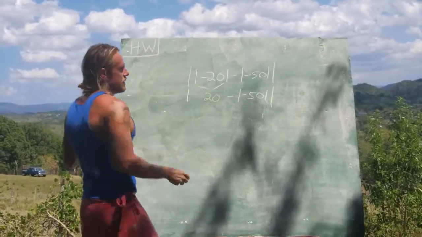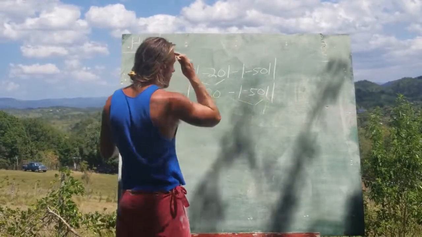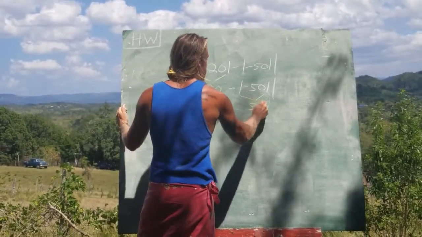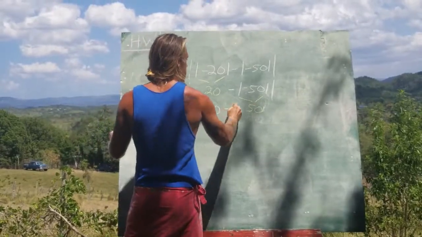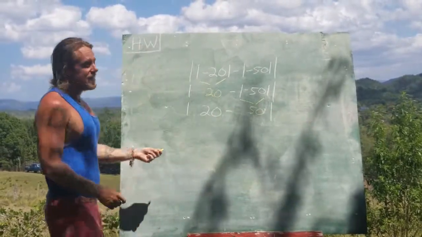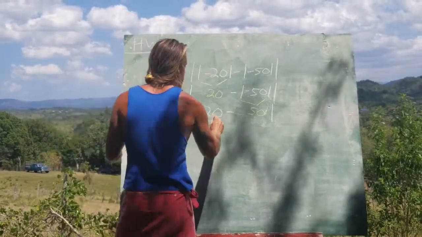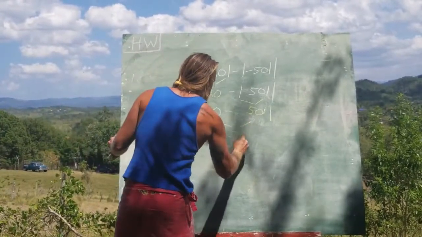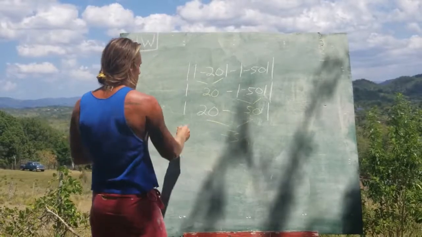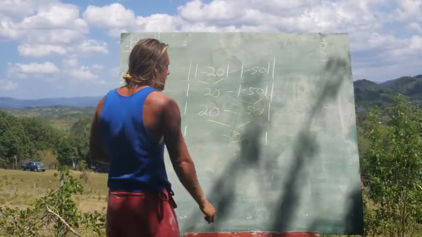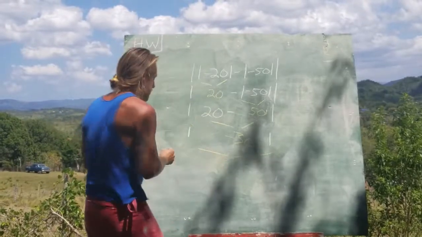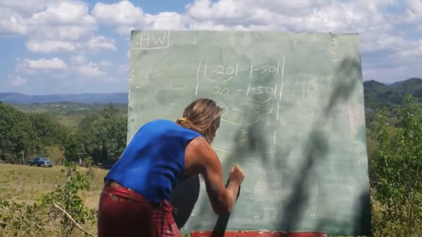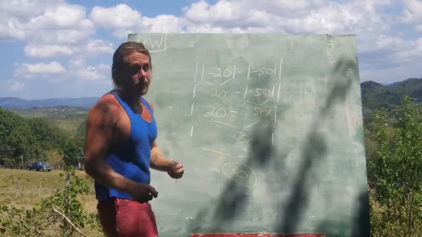Next thing we evaluate is the absolute value of negative 50, positive 50. Bring everything else down. 20 minus 50 is a negative 30. And one thing left to do is to take the absolute value of negative 30, which of course will be a positive 30. And there we have it.